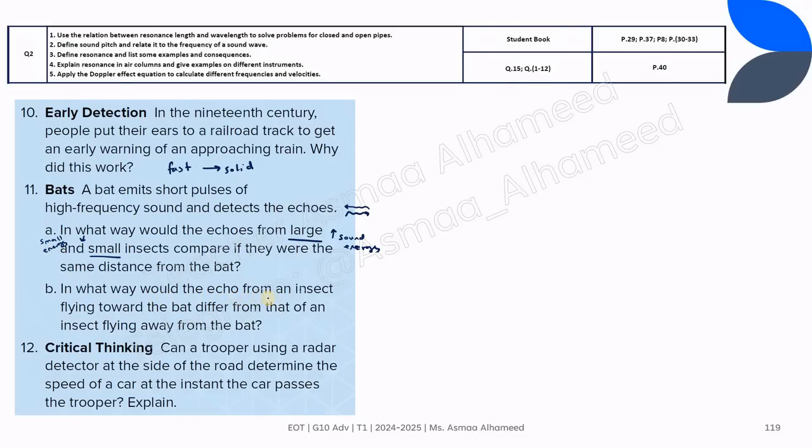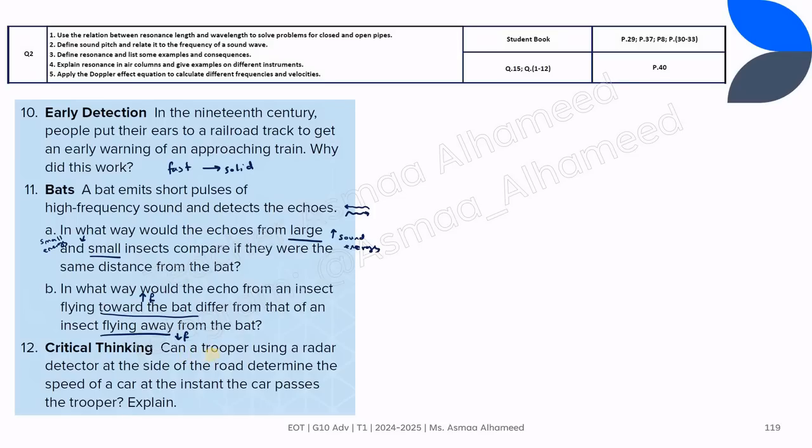In what way would the echo from an insect flying towards the bat differ from an insect that is flying away? So if it's flying towards the bat, it means it will reflect high frequency. Flying away, it will reflect low frequency.